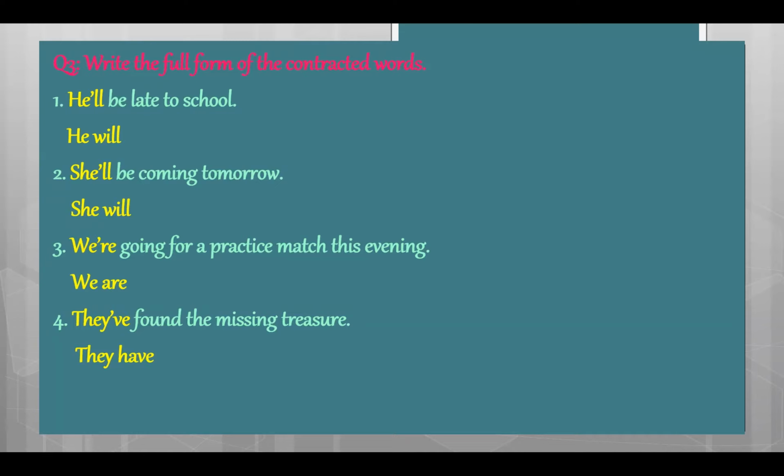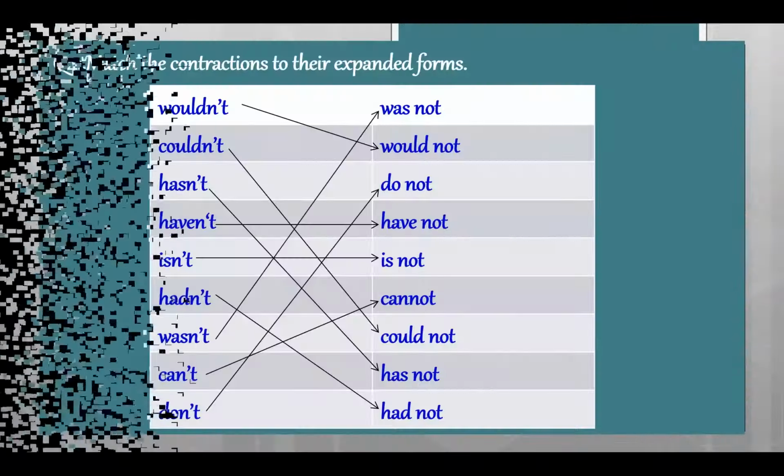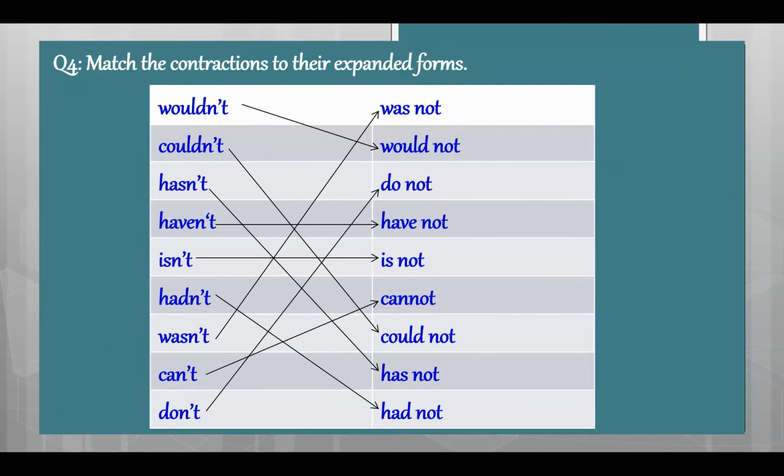We are going for a practice match this evening. Number 4. The full form of they've is they have. They have found the missing treasure. Question number 4. Match the contractions to their expanded forms.